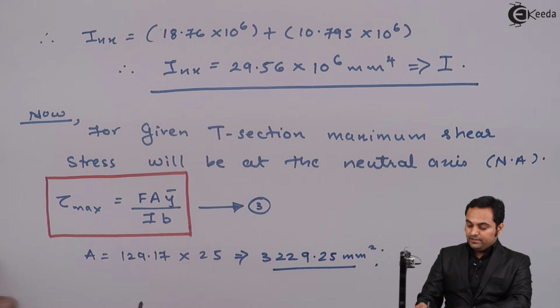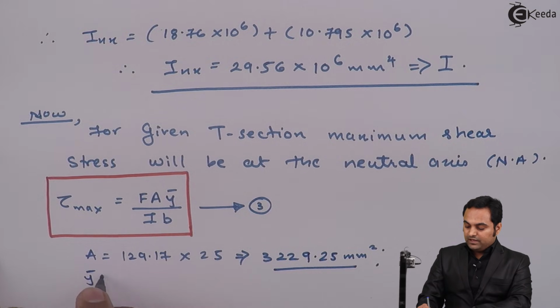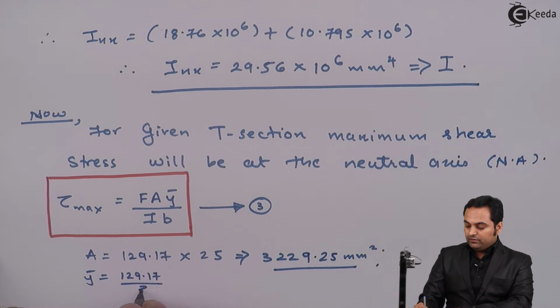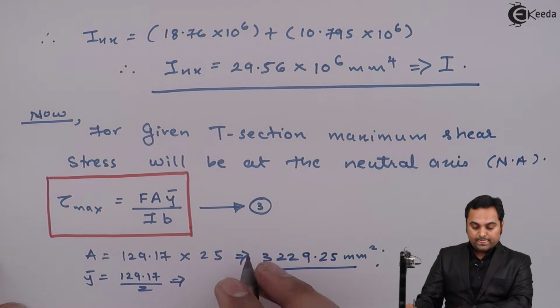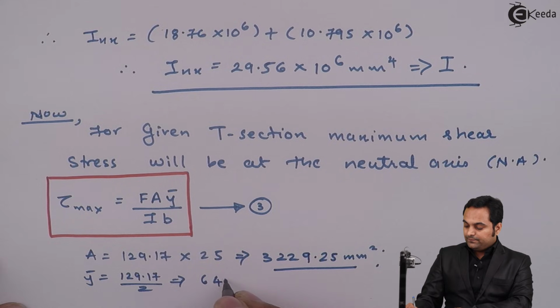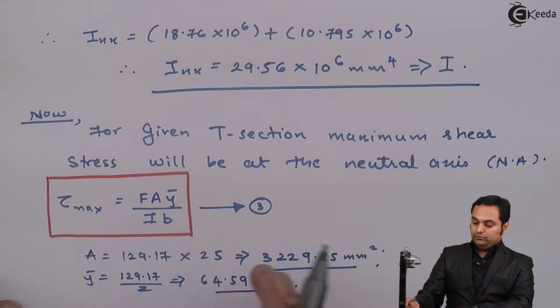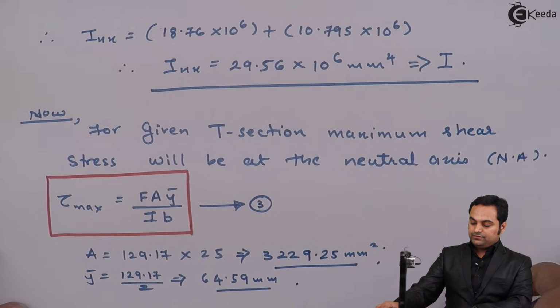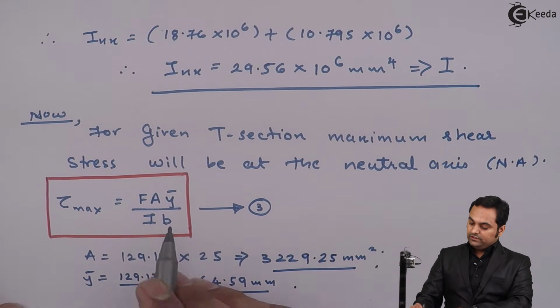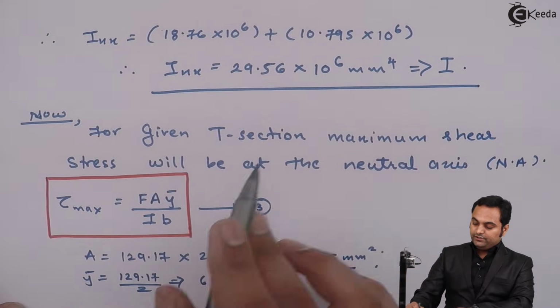Next, y bar is nothing but half of the height. Height is 129.17, so half of that is y bar, and it is 64.59 mm.